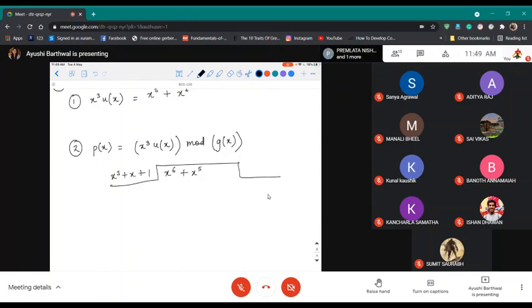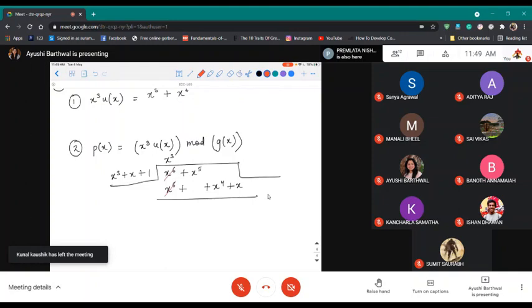First we'll multiply by x cube: x6 plus x4 plus x. Taking XOR of these two rows, we get x5 plus x4 plus x.